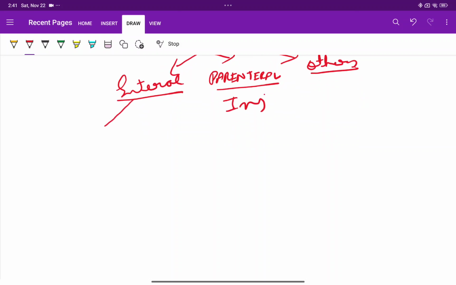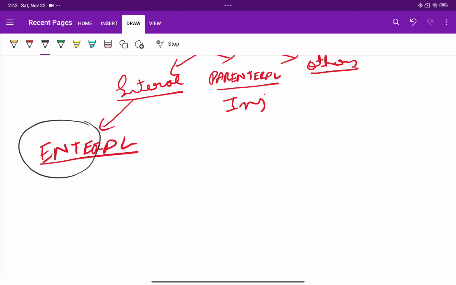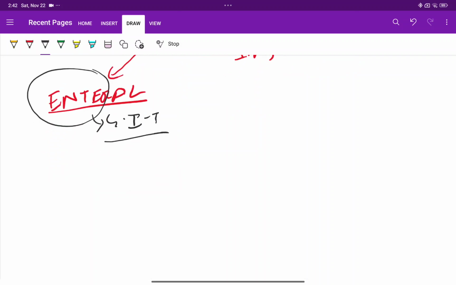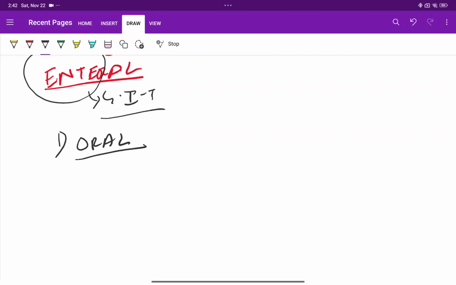Enteral route. Now we'll discuss the enteral routes. Enteral, as it is in the name, means the GI tract. The drug given through the GIT gets absorbed into the systemic circulation. We will discuss the common examples. First one is the oral route of drug administration. It is the most compliant for the patient.